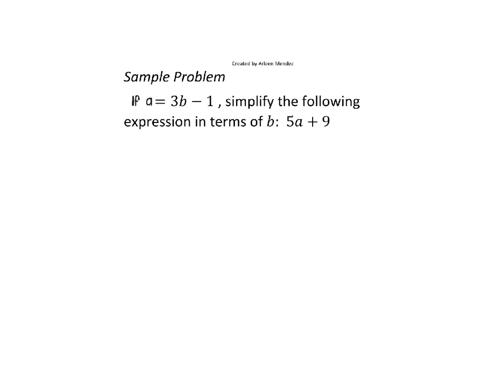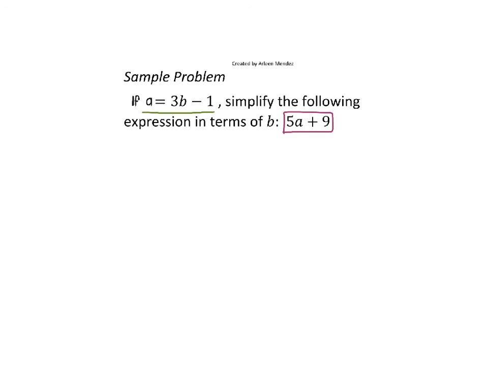This sample problem asks us to simplify the expression 5a plus 9 in terms of b, but they tell us earlier that a equals 3b minus 1. So they give us an expression in terms of a and ask us to simplify it in terms of b.